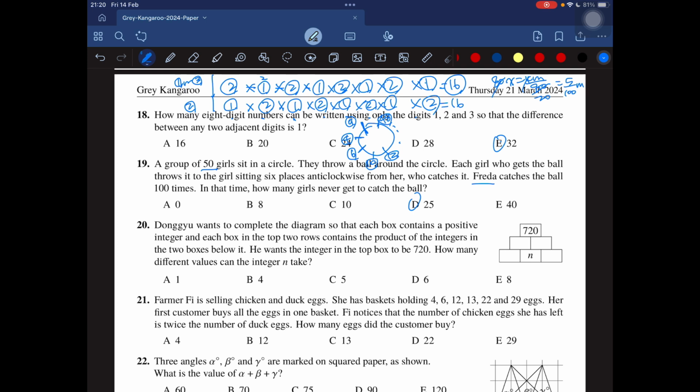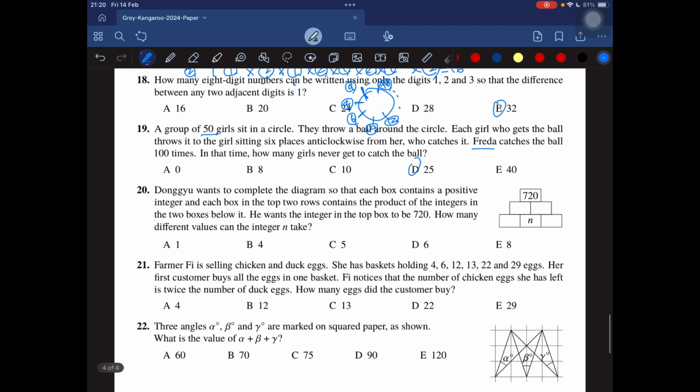So it turns around the table 50, 600, no more than 600, because she only gets 100 times. So anyway, the girls who had the odd numbers cannot get it.